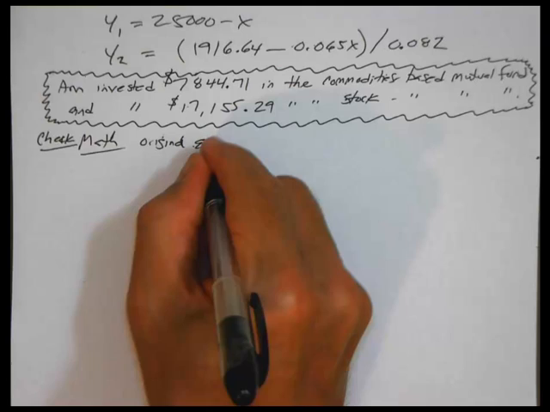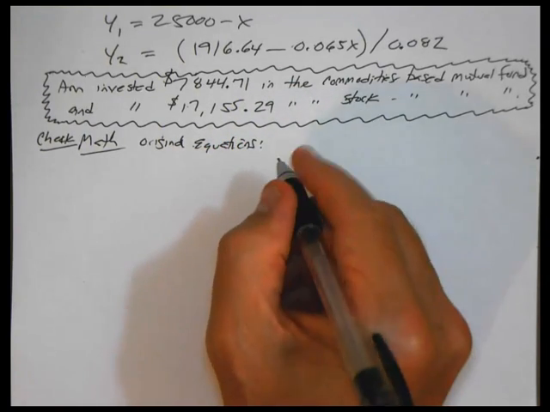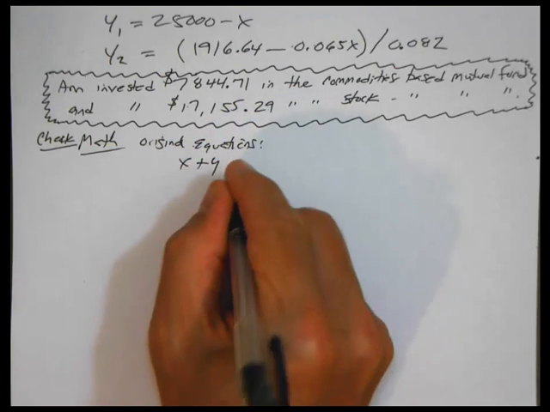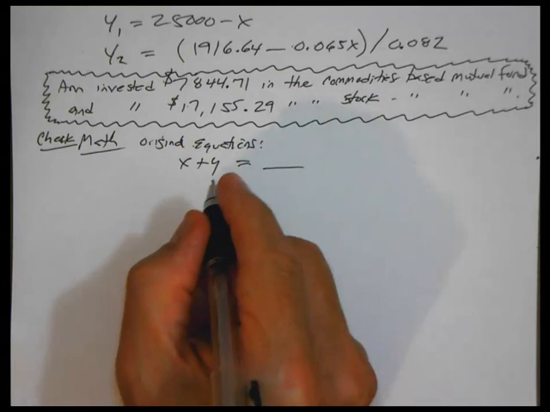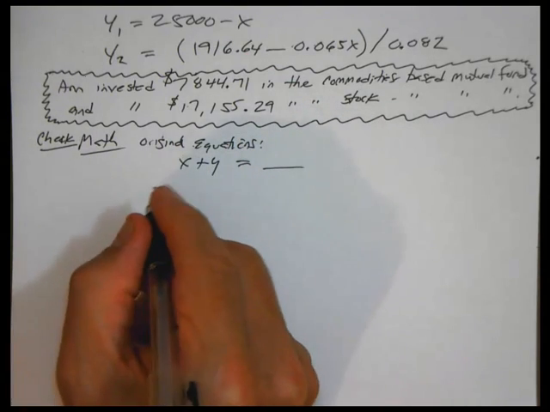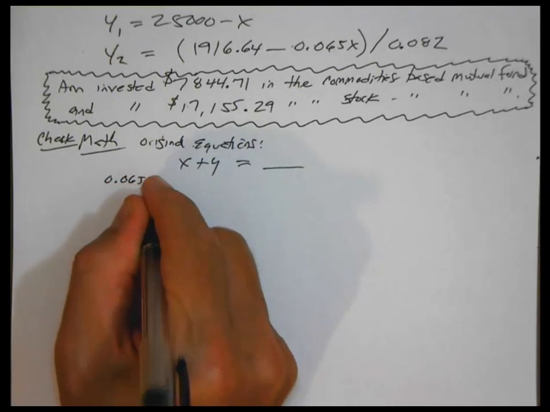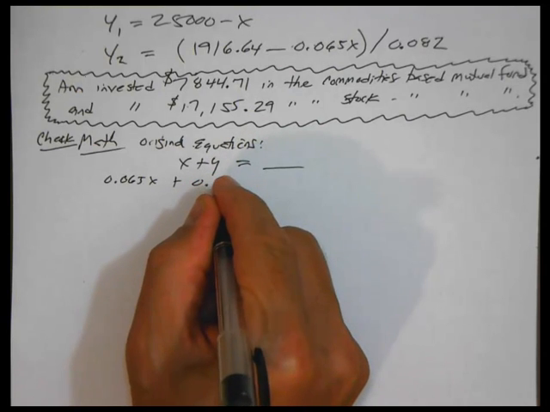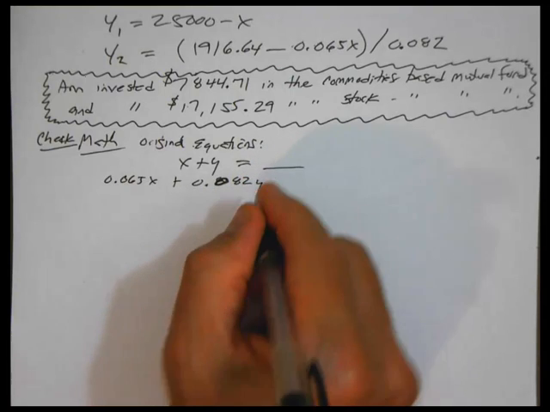Original equations. The left-hand side of original equation 1 was x plus y. Let's see what that is on the calculator. The original equation 2 was 0.065x plus 0.082y.